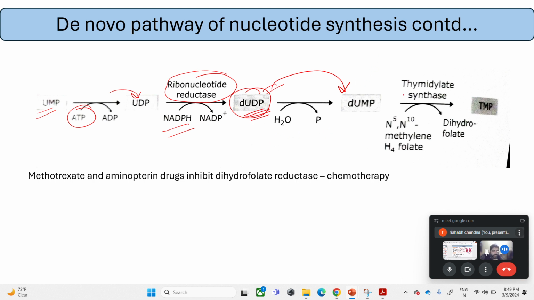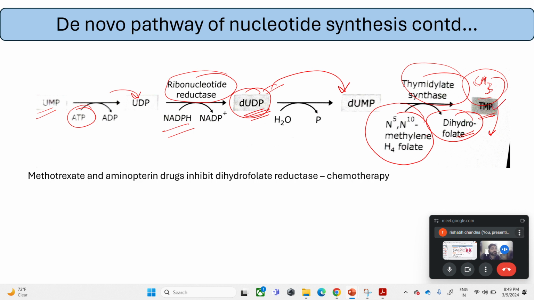Then what comes is thymidylate synthase, which works through methylene tetrahydrofolate. This helps in the addition of the methyl group to the uracil moiety, forming dihydrofolate and thymidine monophosphate.